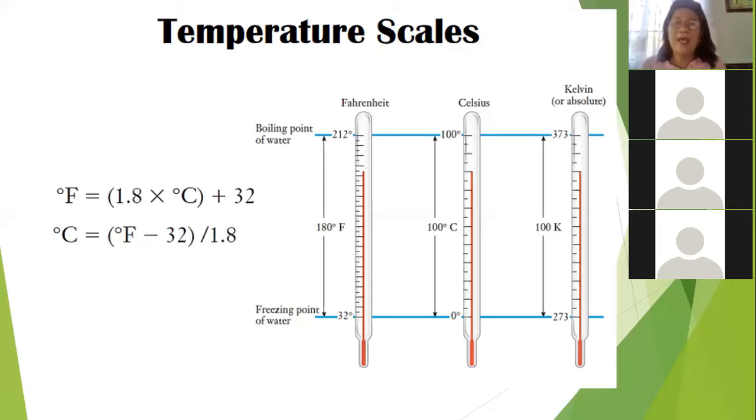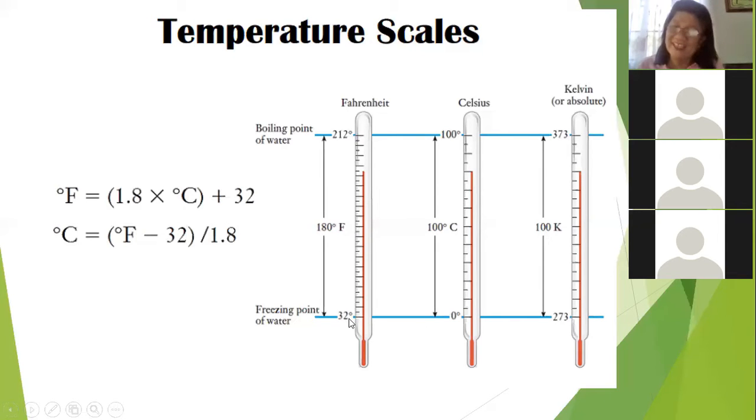Then plus 32. Therefore, take a look here. The freezing point of water, if it is in centigrade, what is its equivalent? It is 0. If it is in Fahrenheit, it's 32. We had that in our conversion. 0 centigrade, then multiply by 1.8, still 0. Then our Fahrenheit equivalent is 32.